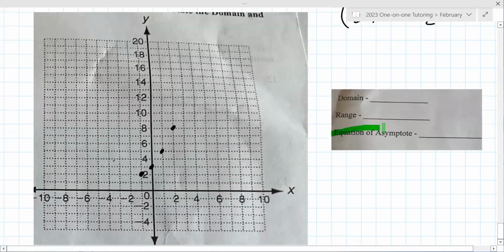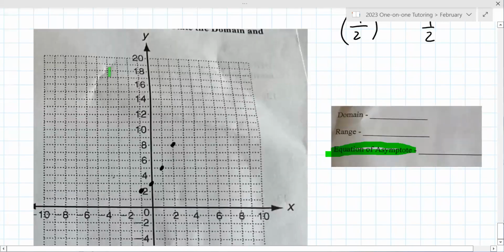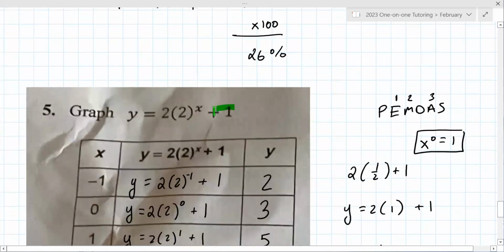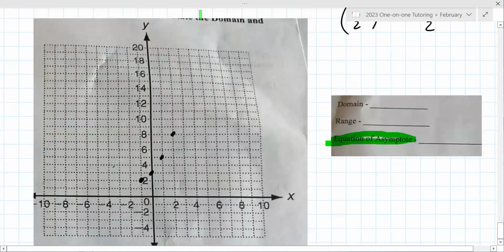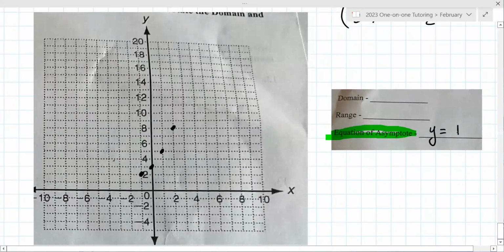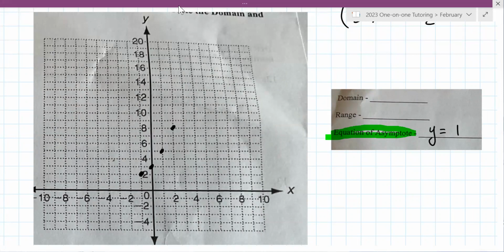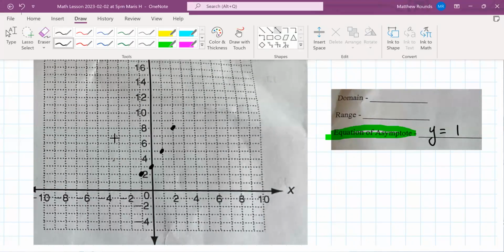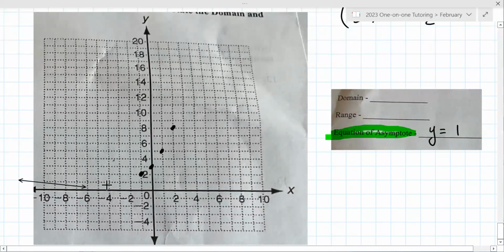The equation of the asymptote is this number off to the right here, that +1. So it's y equals whatever that number is, which is 1. And then you typically show it as a dashed line or dotted line, but I'm going to do it here like that. That's your equation of your asymptote.